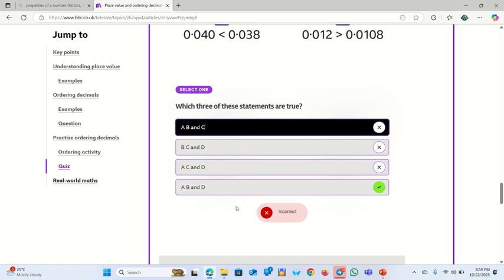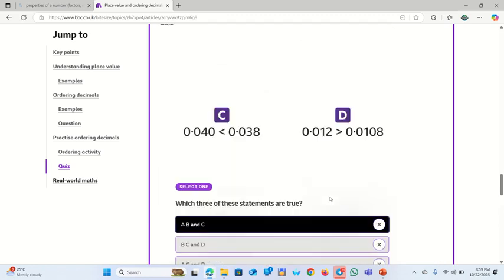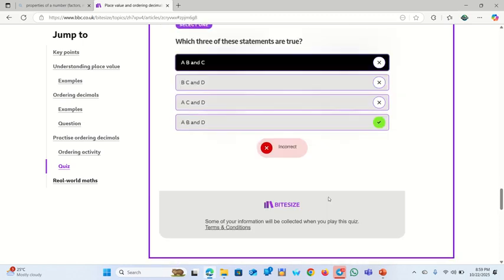Okay, I will select only the ABD. Oh my God, that's mouse error. You got it right, actually. That issue is from the mouse.